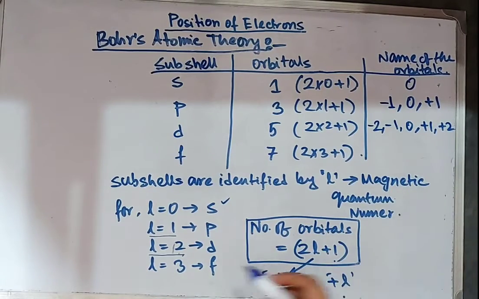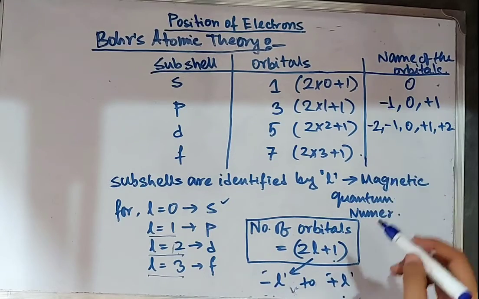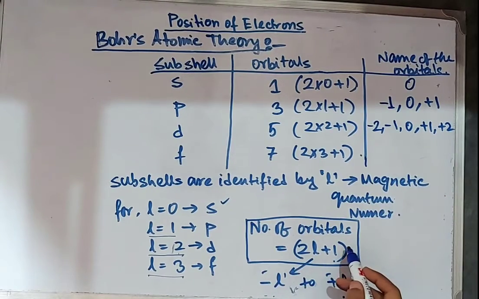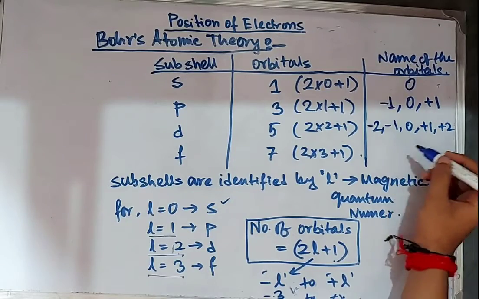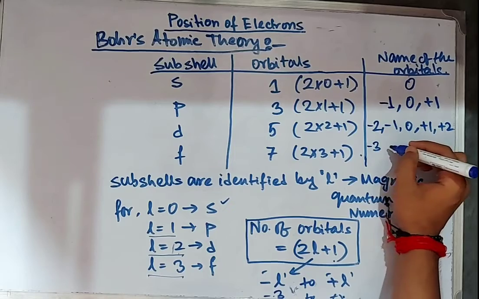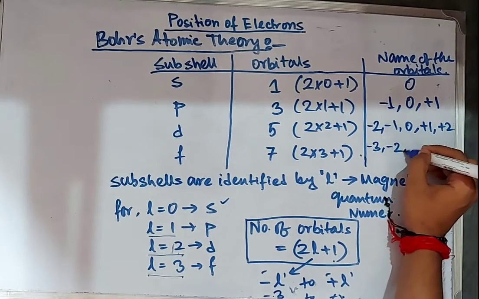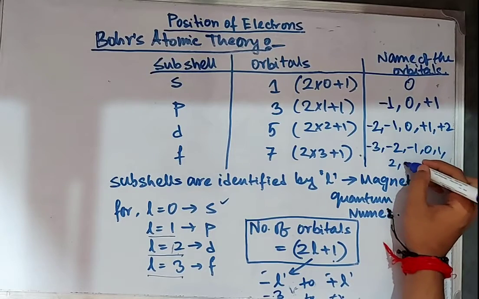For F, L equal to 3, the orbitals are represented from minus 3 to plus 3, and the 7 orbitals will be minus 3, minus 2, minus 1, 0, 1, 2, 3.